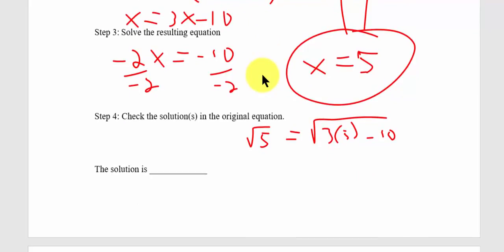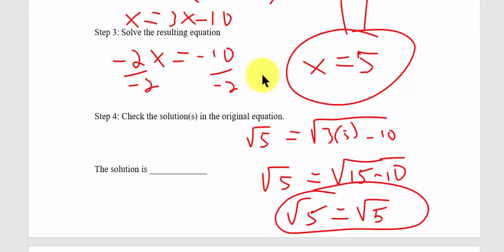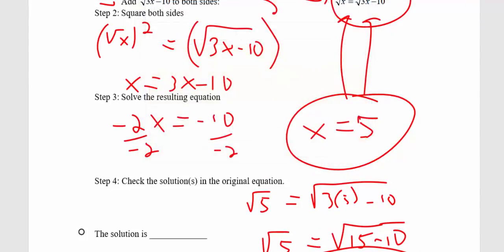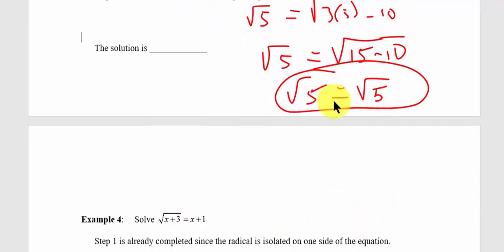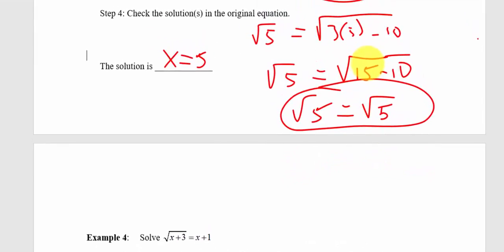We have the square root of 5 equals the square root of 15 minus 10, which leaves you with the square root of 5 equals the square root of 5. So the final solution is x equals 5.